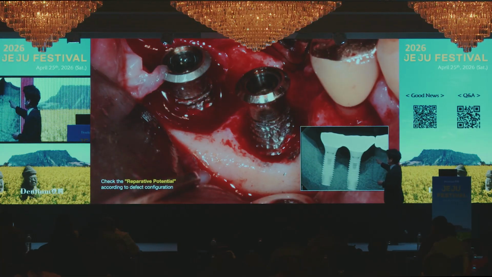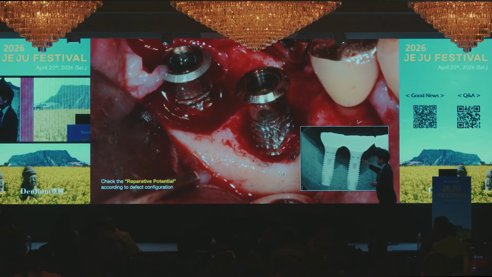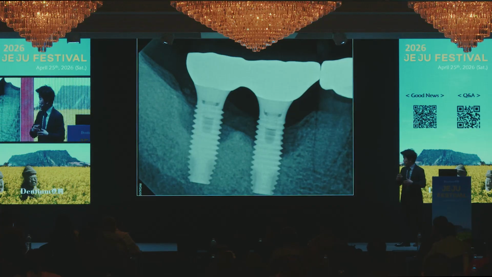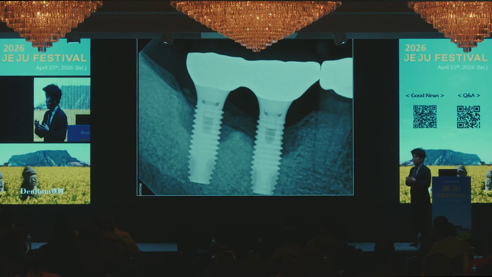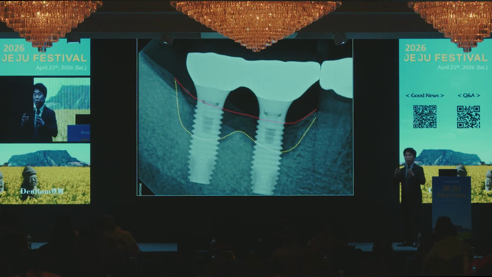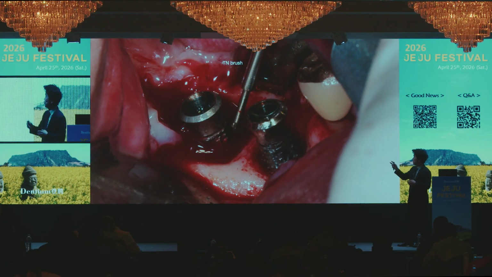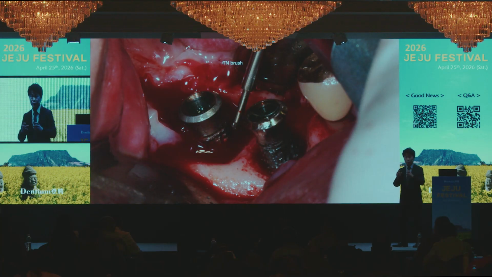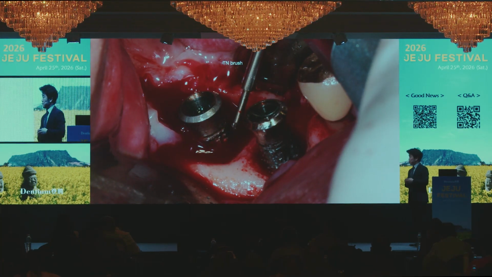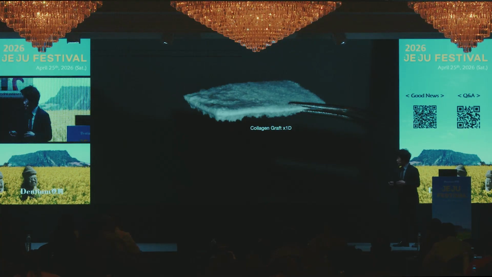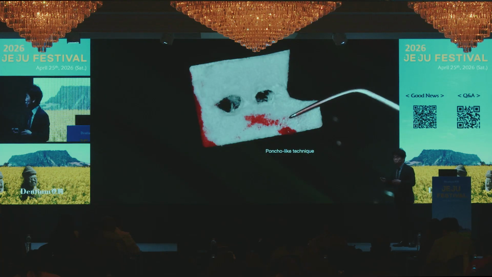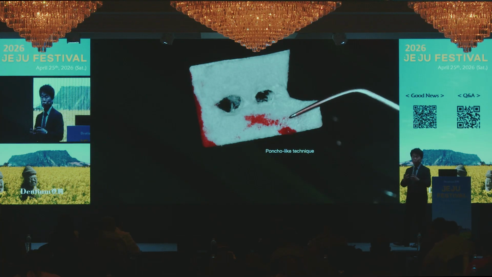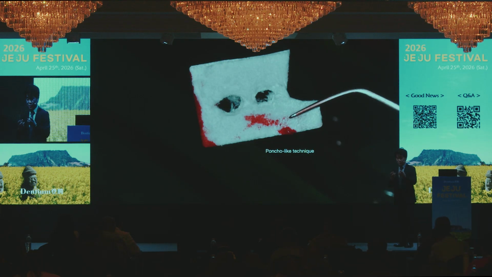So we can guess the line, and I try to make it reconstructive. So we have to check the bone level of the adjacent tooth. The TM brush is required between the threads, and then collagen graft 1D with the poncho-like technique, because we always encounter the transmucosal part.